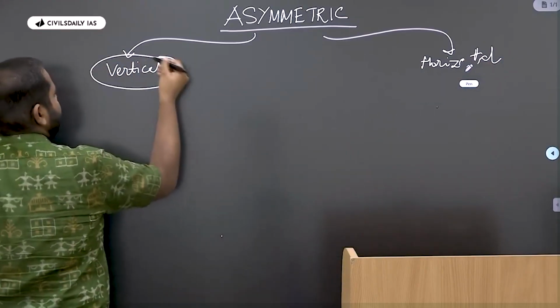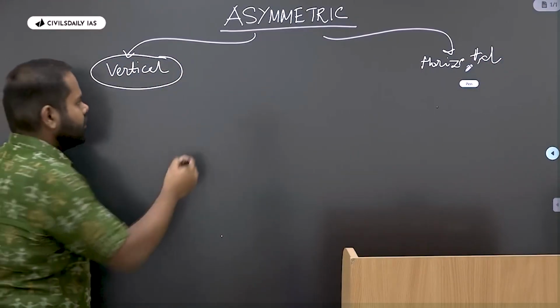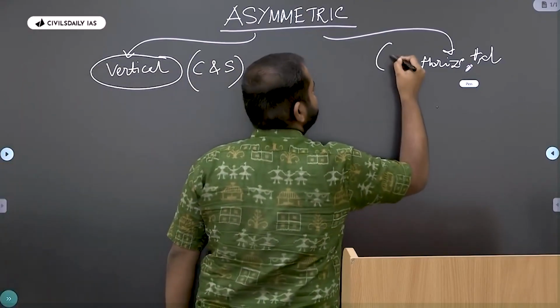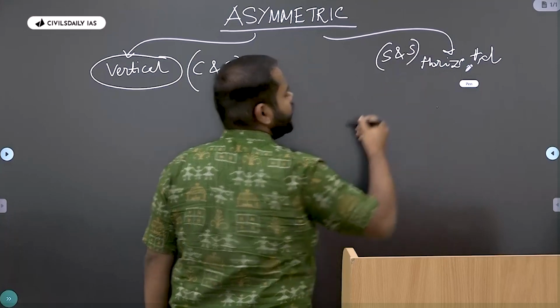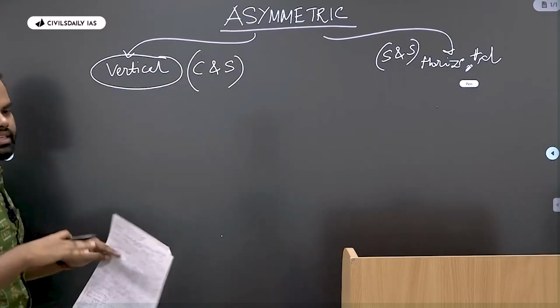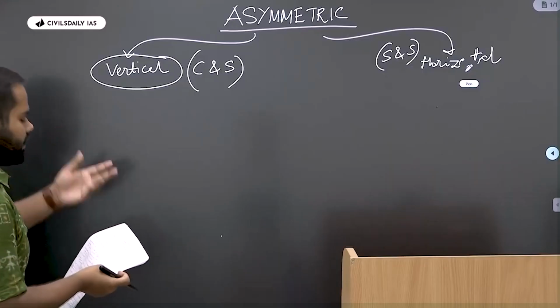Vertical is basically the power imbalance between the center and the states. And horizontal is about the differences in powers, benefits, and so on between the same level of authority, here being states.